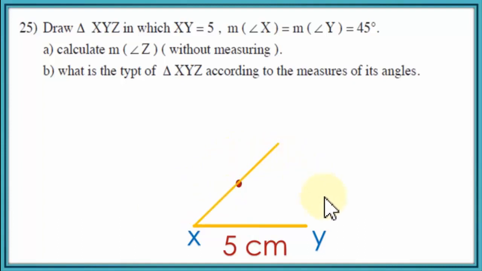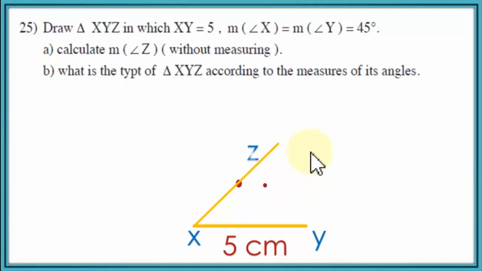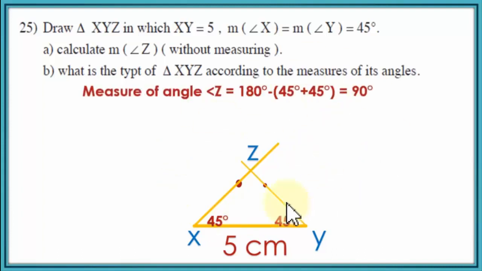After that, we will use our protractor again to measure angle Y. 10, 20, 30, 40, and between 40 and 50 we have 45. Put another dot and use your ruler and your pencil to draw a line segment passing through this dot and intersecting XZ. Now we have drawn our triangle XYZ.